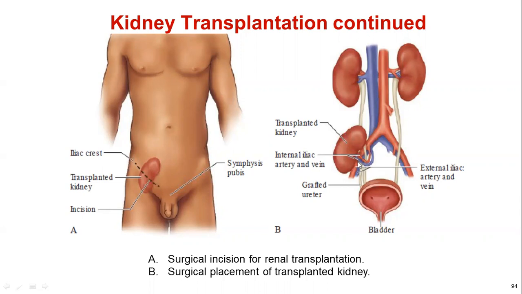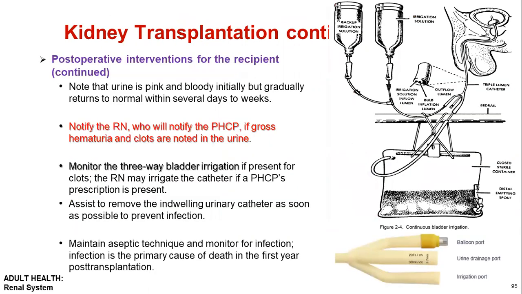So this is the surgical incision for renal transplant, and the surgical placement of the transplanted kidney. Here is the post-operative intervention, and in this picture we can see the continuous irrigation.